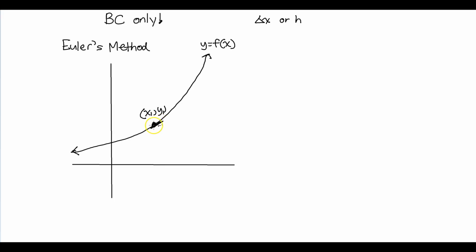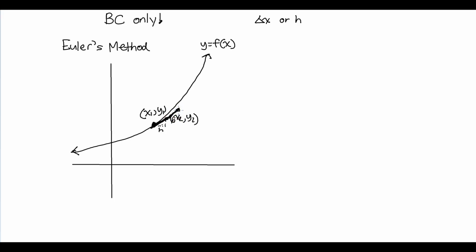So pretend this is your step size h. You travel along the tangent line until you reach this point. Okay, and this is x2, y2. Now, this is not necessarily a tangent line, but you would draw another line with the same slope as the derivative at that point until you reach another step length, h.